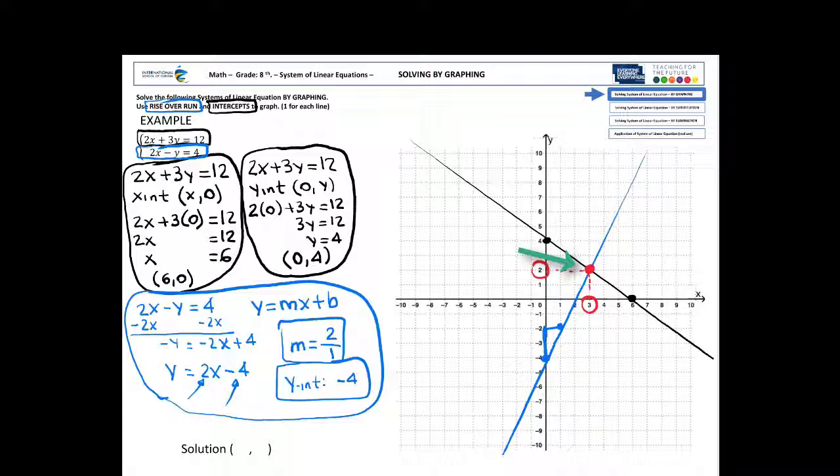So the solution of this system of linear equations will be a point, and the point is 3 and 2. A point where the x coordinate is 3 and the y coordinate is 2. So this point here is the solution to this system of linear equations.